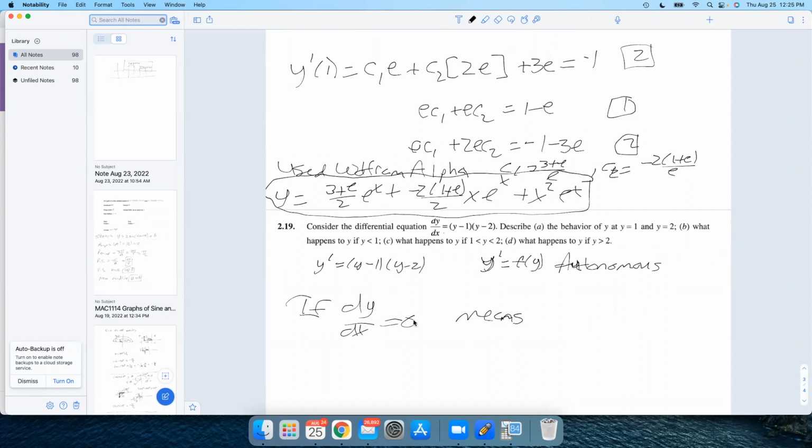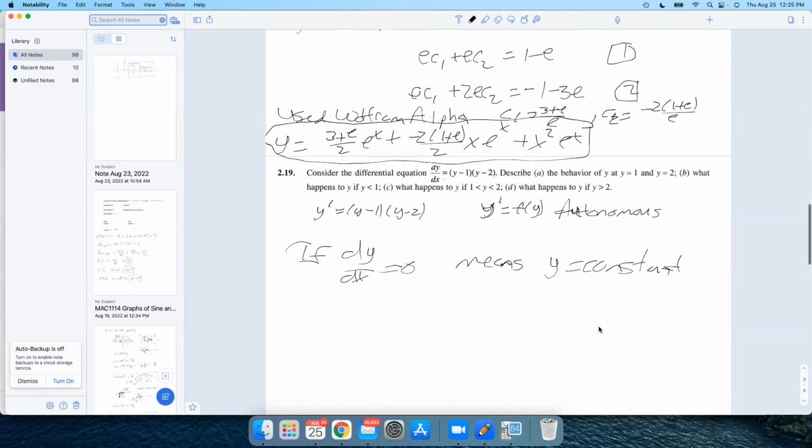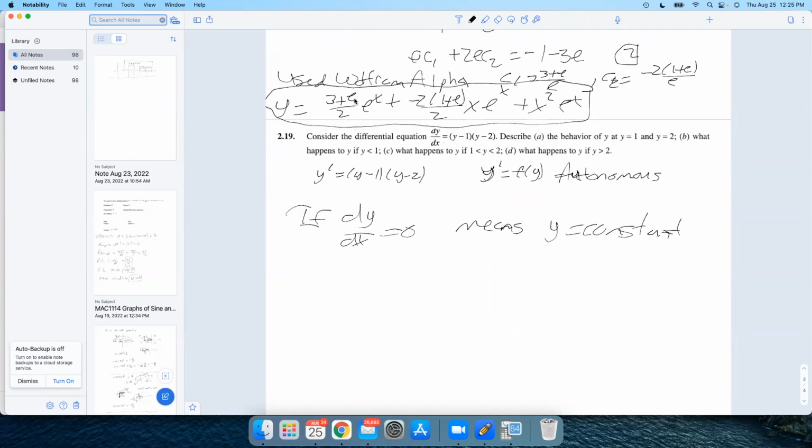If the derivative of something is 0 at some particular value, that means you would get a constant. And that would be a constant solution. Remember, differential equations have an infinite number of solutions. The constant solutions here are the ones that make this 0.